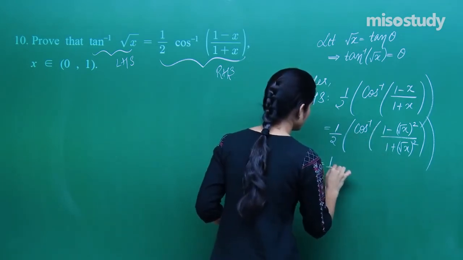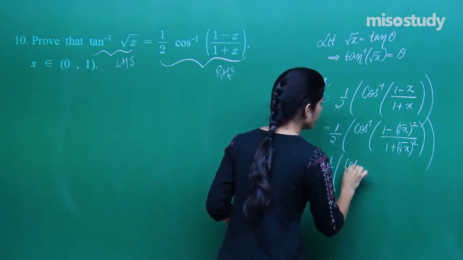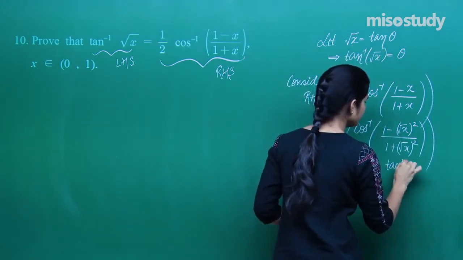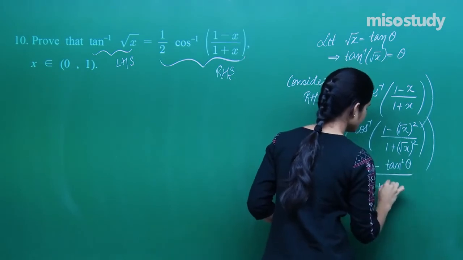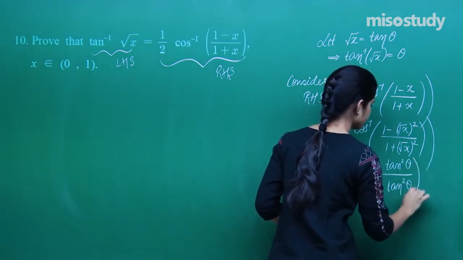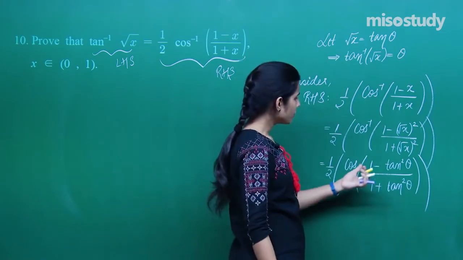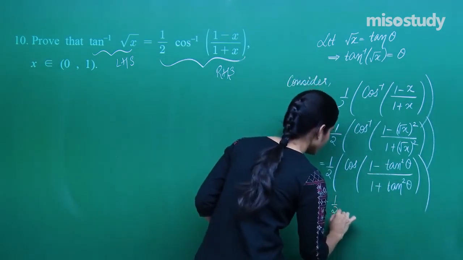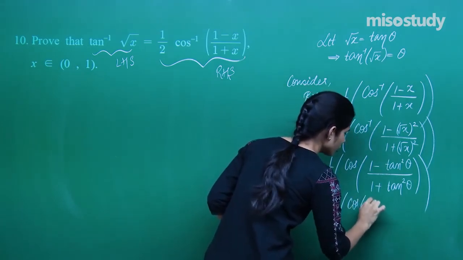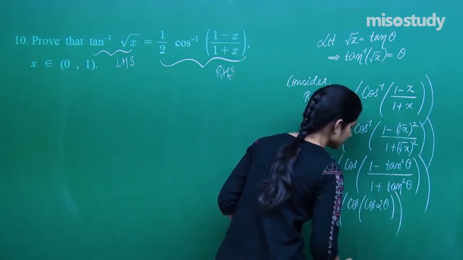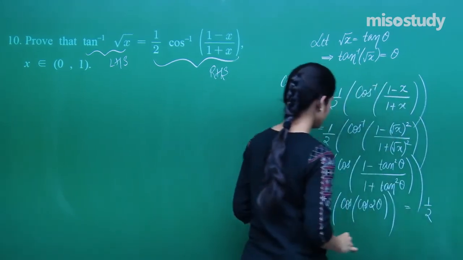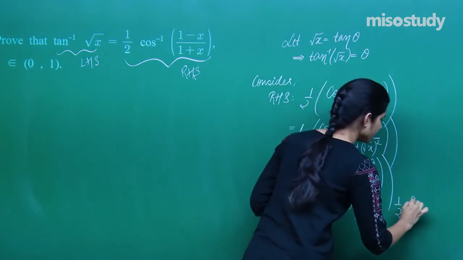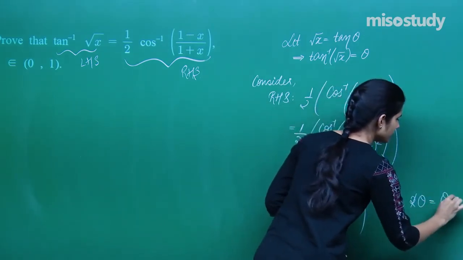Now root x we have taken as tan theta. So this is 1 minus tan square theta, and this is 1 plus tan square theta. I just told you that 1 minus tan square theta upon 1 plus tan square theta is cos 2 theta. So this is half of cos inverse of cos 2 theta, which is 2 theta, and this is equal to theta.